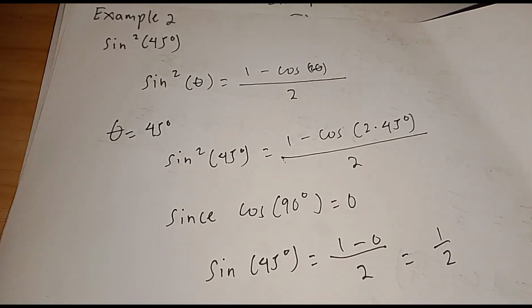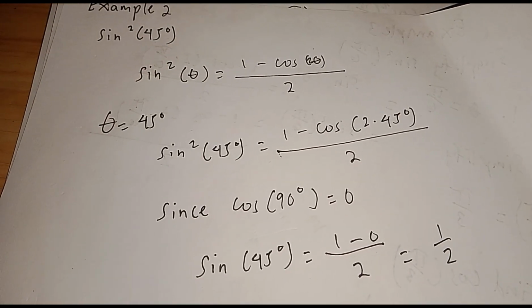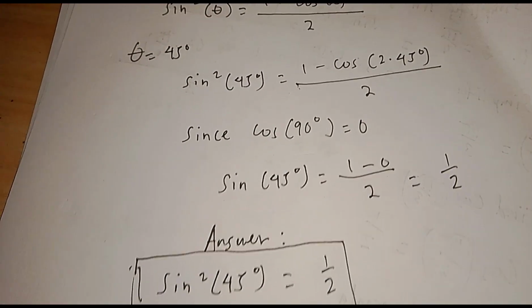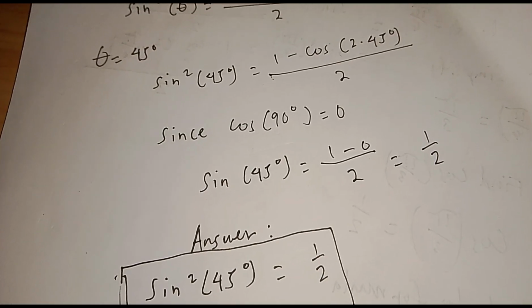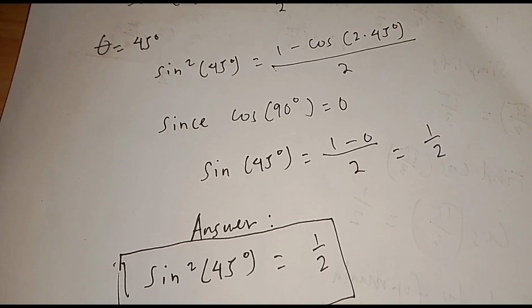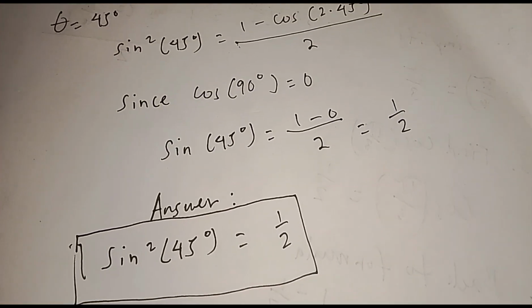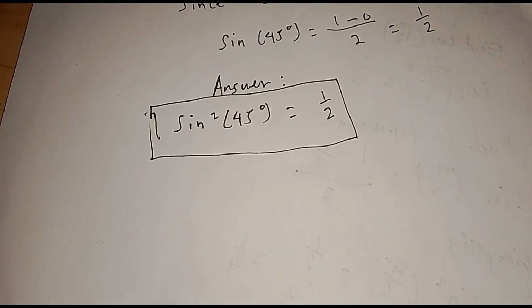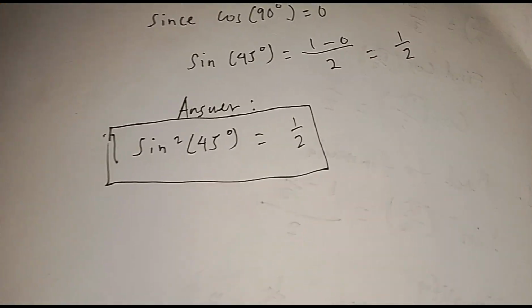Substitute: 1 minus cosine of 2 multiplied by 45 degrees, over 2. Since cosine 90 degrees equals 0, we get 1 minus 0 over 2, which equals 1/2. So sine squared 45 degrees is equal to 1/2.